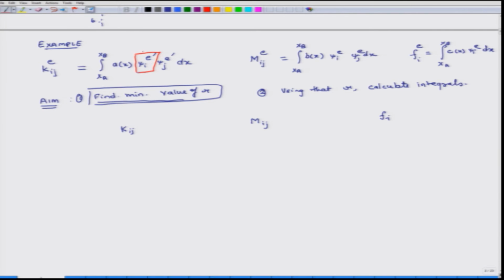It is an approximation function for whatever, let us say, the variable u, and the prime denotes that it is its derivative. Similarly, here also you have psi_i and psi_j, here you have psi_i and psi_j, but here you have only psi.